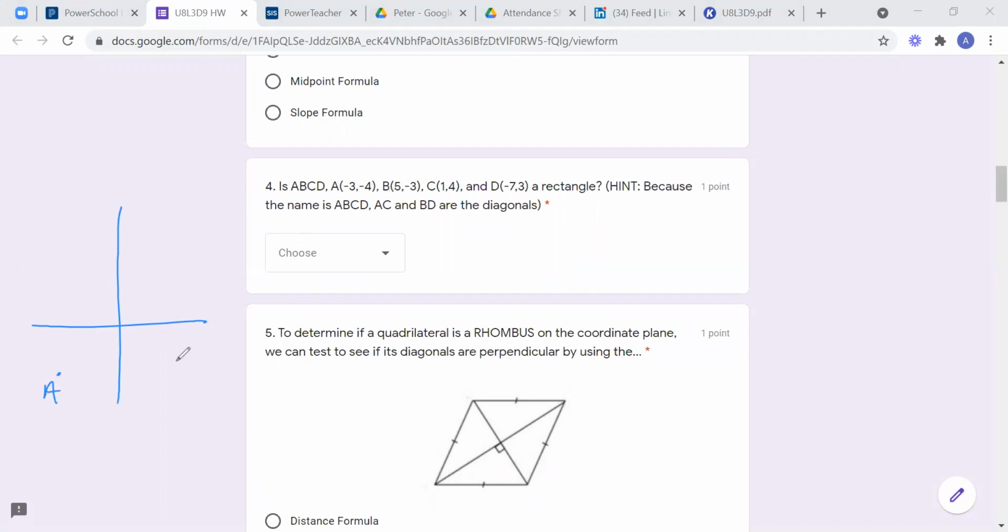B is at 5, -3, so B is going to be somewhere here. C is at 1, 4, I'm just trying to draw it out of scale. If you join them, what did it say? Is it a rectangle, because the name is ABCD. AC is a diagonal, and BD is a diagonal. Yes, so this is yes.